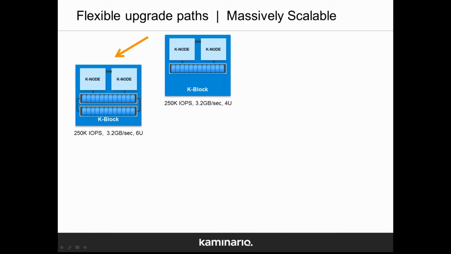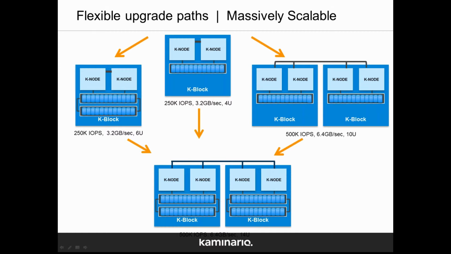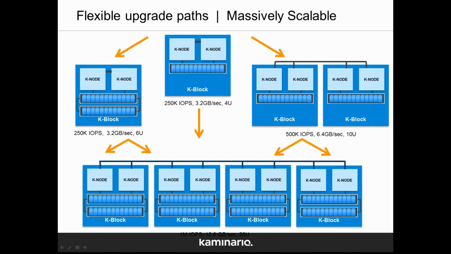From a single K block with one shelf, you can scale up by attaching an additional shelf, and you can scale out by adding additional K blocks with processing power. And from there you can add additional shelves or additional K blocks, and you can continue to scale out and meet any performance and capacity need. And everything is done while the system is online servicing I/O with high performance.